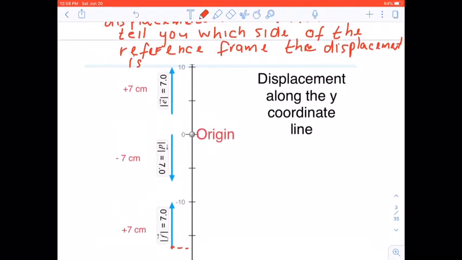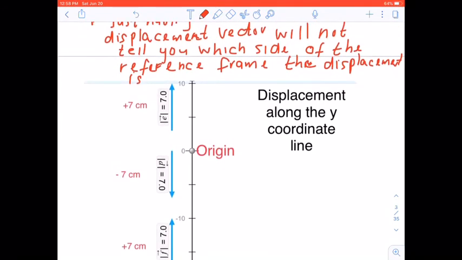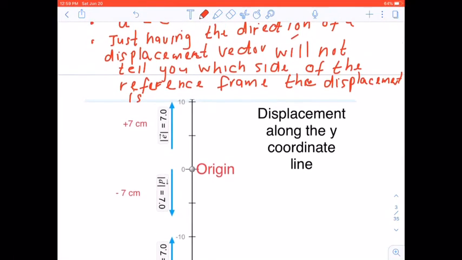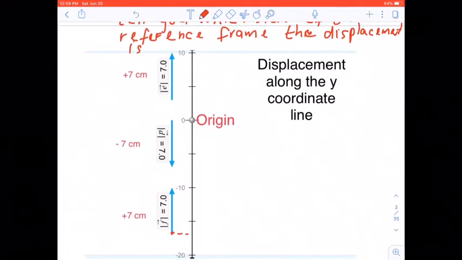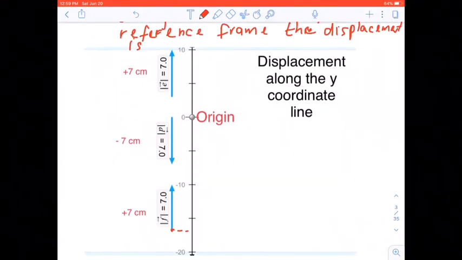Here we have, instead of moving along the x-axis, this moving along the y-axis. Same thing again, here you've got plus 7, and there 7 as well, and let's assume the 7 units indicate 7 centimeters along that line. It could have been 7 meters or whichever other unit we're dealing with.